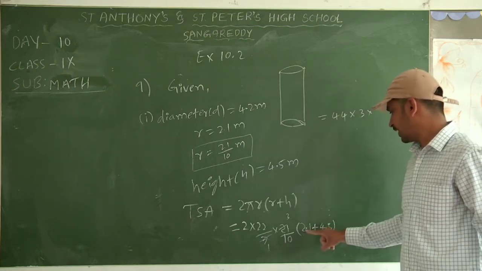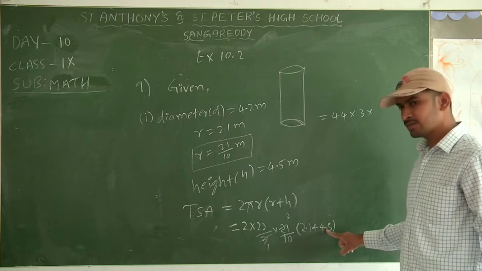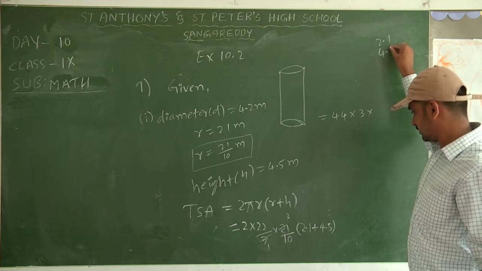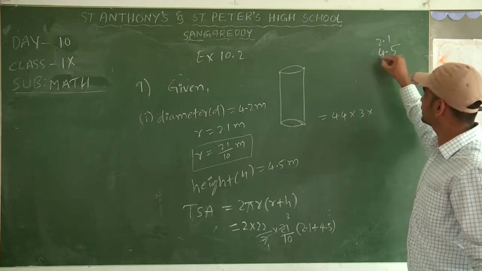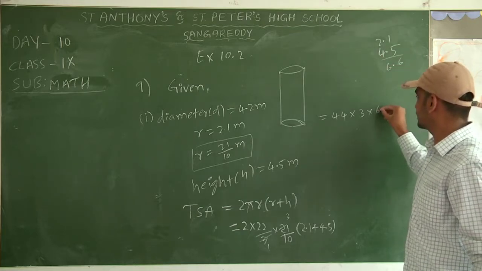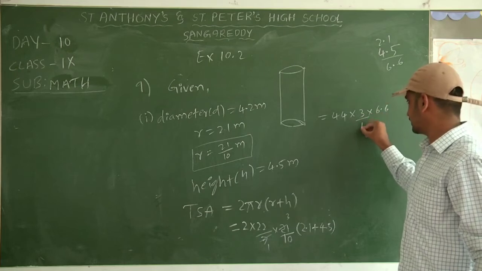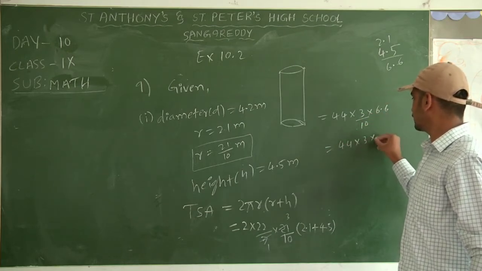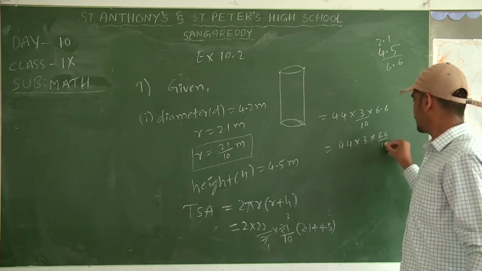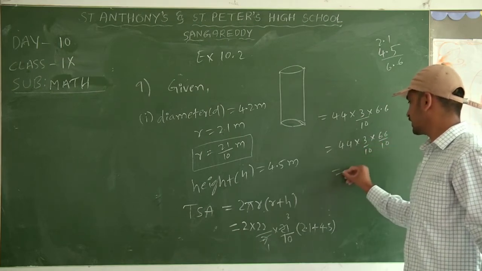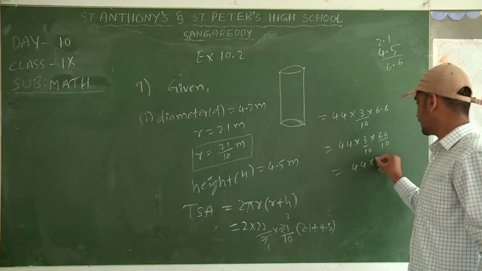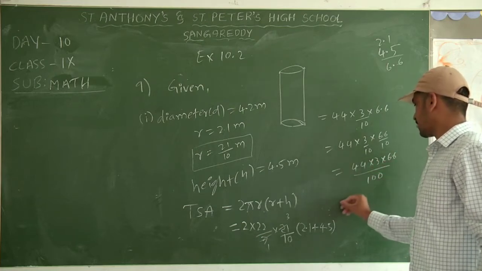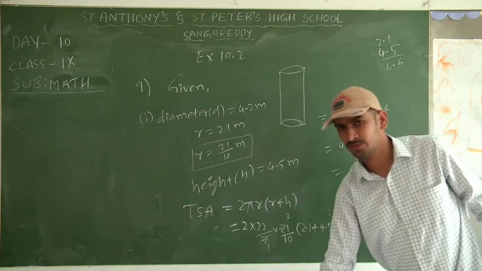So 44 into 3 into (2.1 plus 4.5), that is 6.6, which is 66 by 10. So 44 into 3 into 66 by 10 by 10, so 44 into 3 into 66 by 100. We have to multiply now.